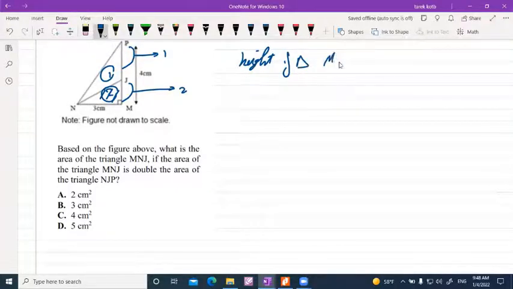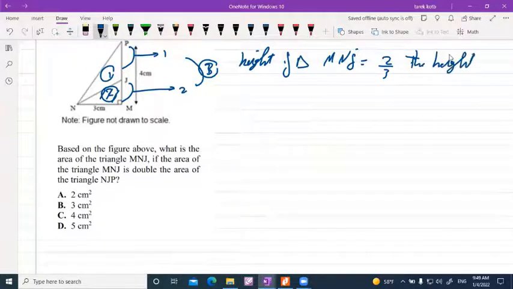That means that the height of the triangle MNG equals 2/3, because the sum is 3. 2/3 the height of the big triangle.